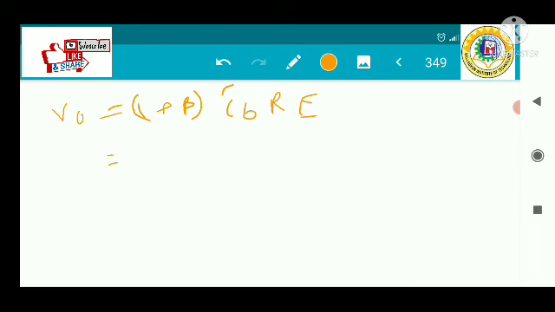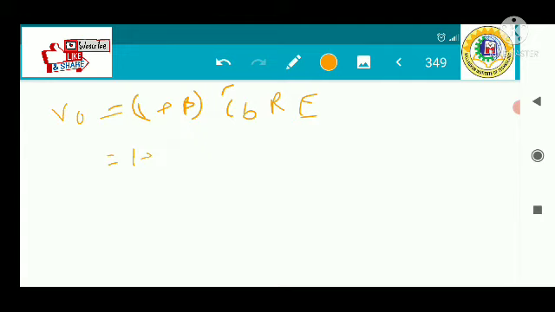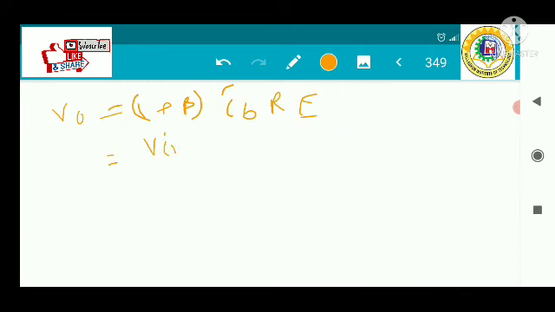So V0 is 1 plus beta into IB into RE, and here I am going to replace this IB. So 1 plus beta into Vin minus V0 divided by small re plus 1 plus beta into capital RE, into capital RE.